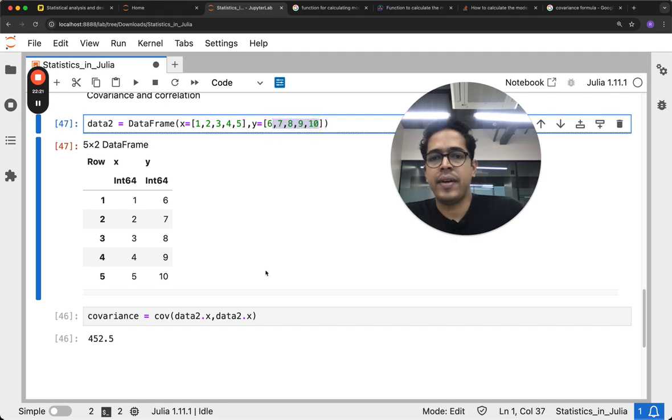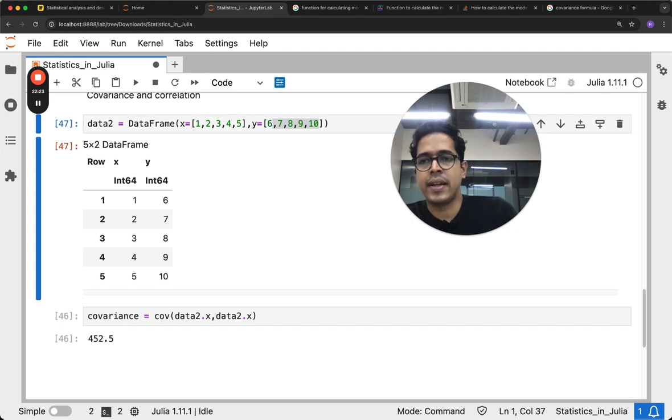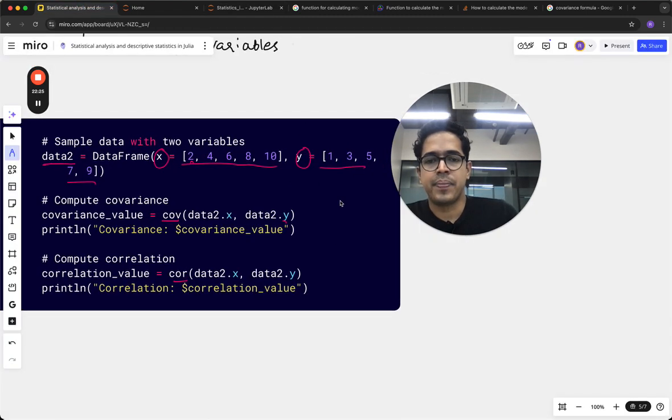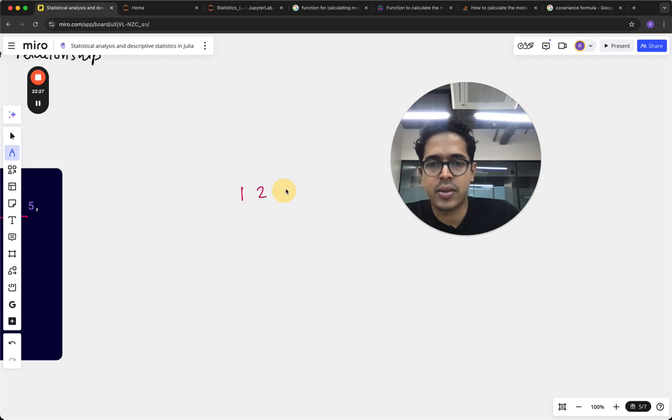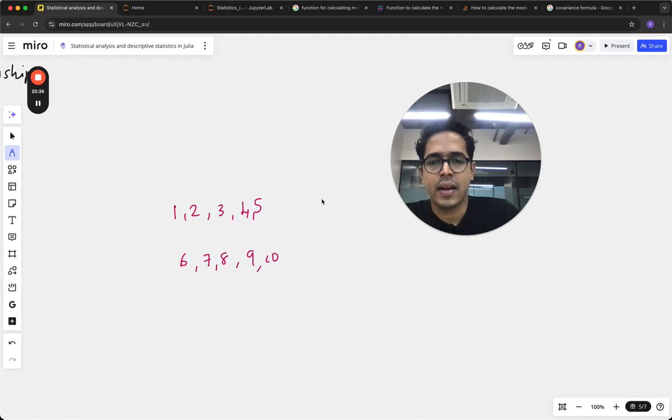So now if we were to calculate the covariance, we have 1, 2, 3, 4, 5. This is the first data set. 6, 7, 8, 9, 10. And x bar equal to 3, y bar. So this is the data set x, and this is the data set y.